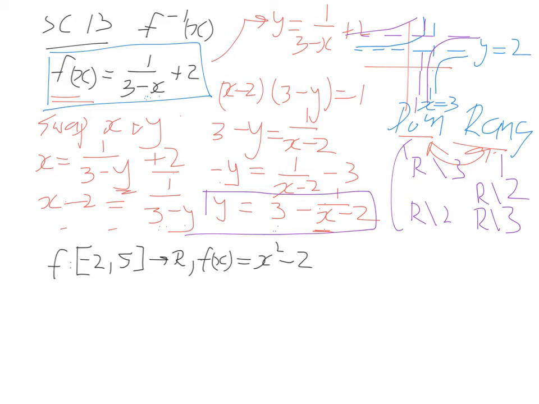What is it? That's right, I've got to make this f to the power negative 1. So we should actually have f to the negative 1 of x equals 3 minus 1 over x minus 2.